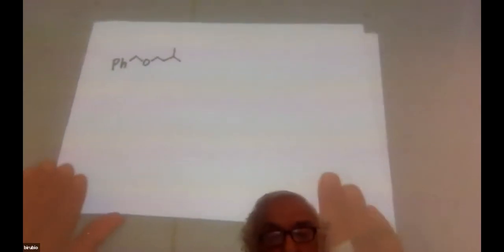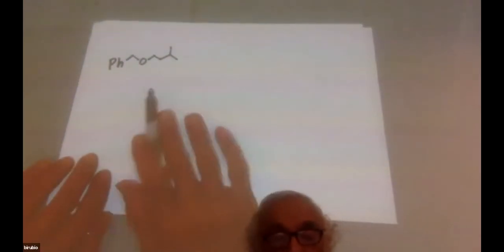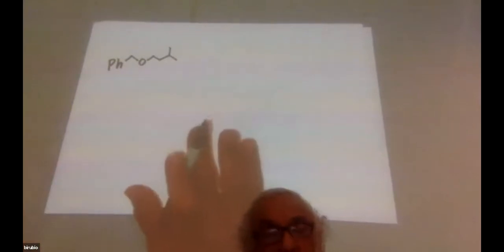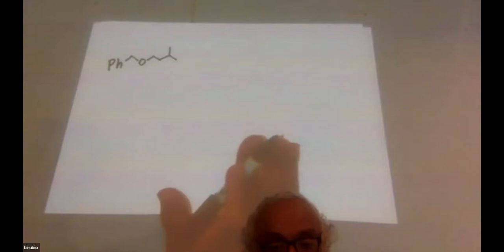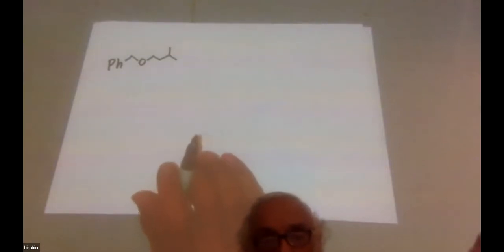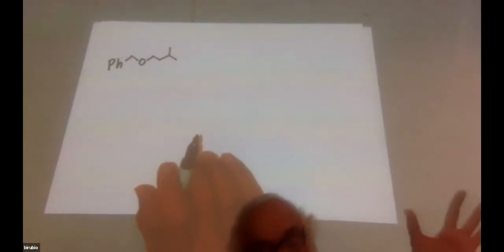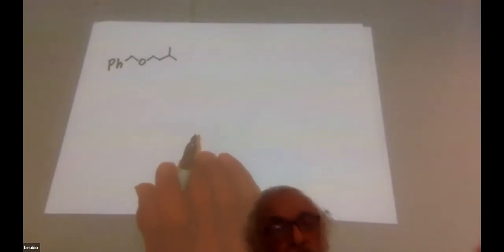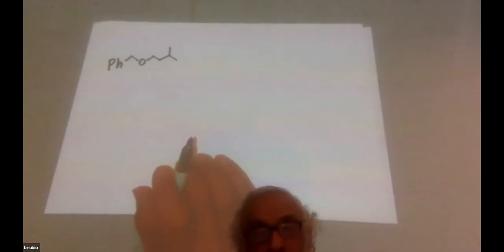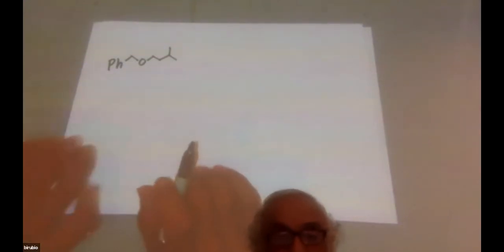All right. And so we see that this wallflower ether can be made in two different ways using a Williamson ether synthesis. The Williamson ether synthesis creates the carbon-oxygen bond to the left of the ether oxygen, and it could create the bond to the right of the ether oxygen.